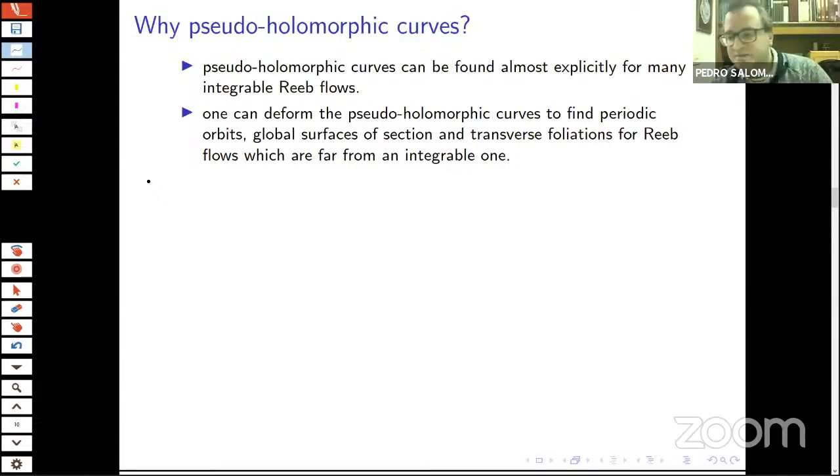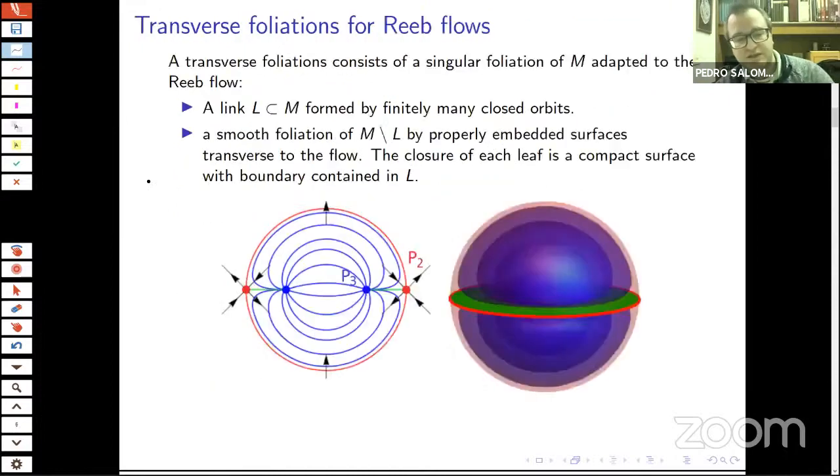The point is that these pseudoholomorphic curves do not appear alone. When you find one, in general there is a family of such curves nearby, forming like a local, finite-dimensional manifold near that curve. So in the case of these foliations here, we have these blue curves, the blue planes that we see here, and they form a one-parameter family of such curves near that given one.